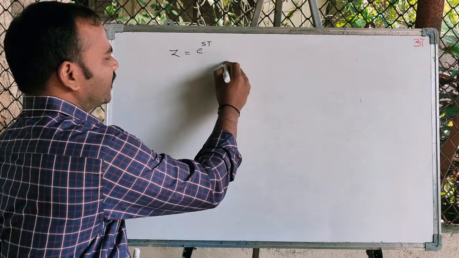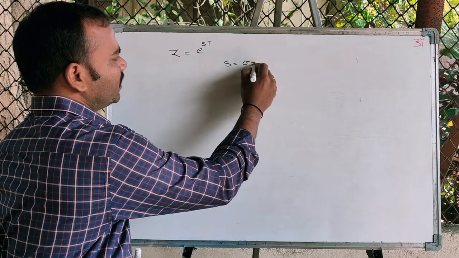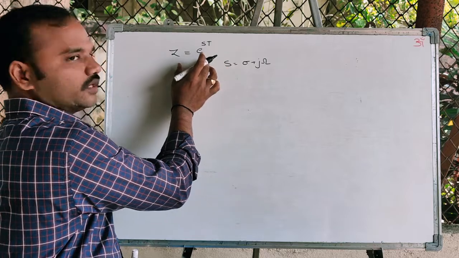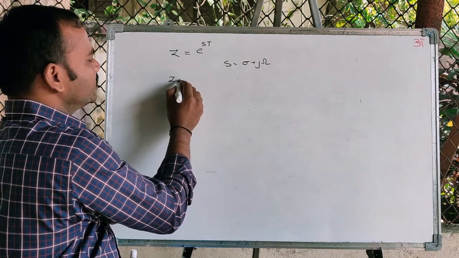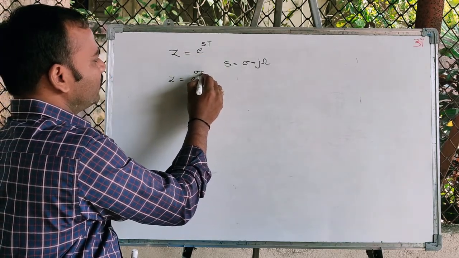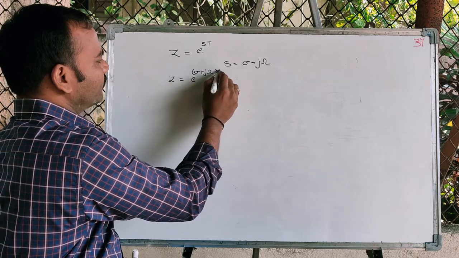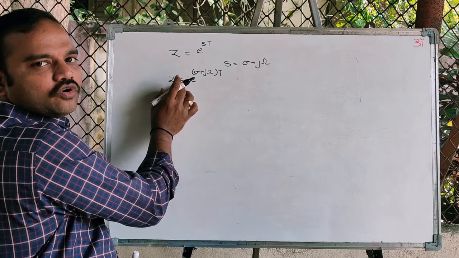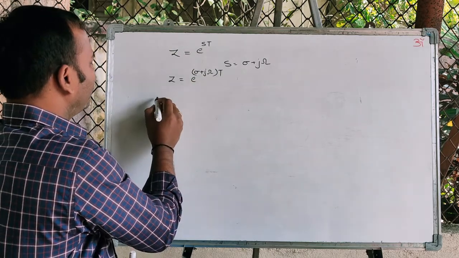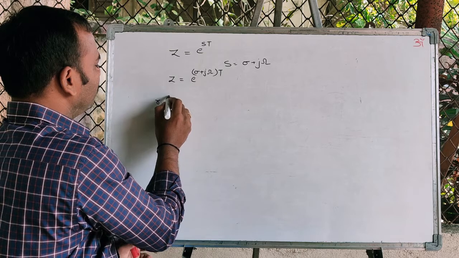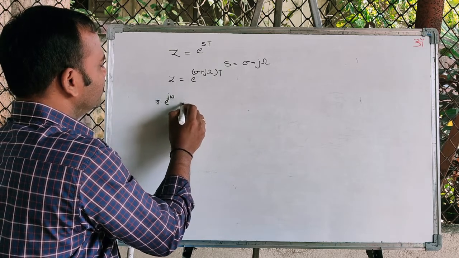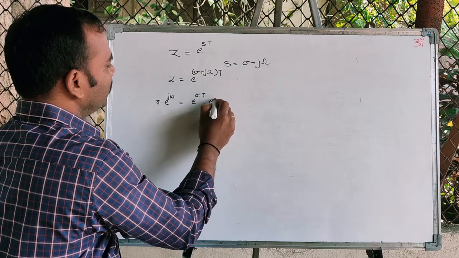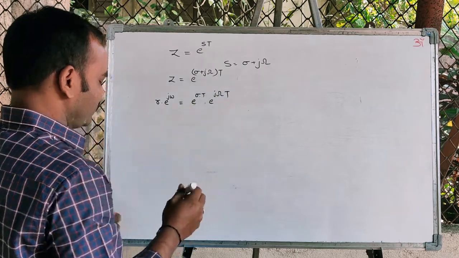Now, we will take s = σ + jΩ. With this substitution into this mapping, z = e^((σ + jΩ)T). Next, we will write the polar form representation of this variable z, whereby r e^(jω) = e^(σT) e^(jΩT).